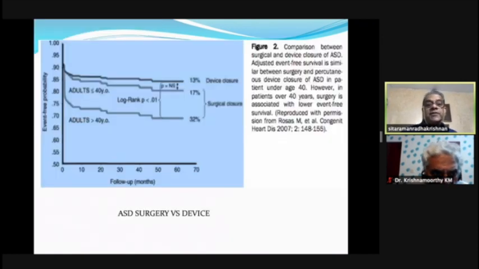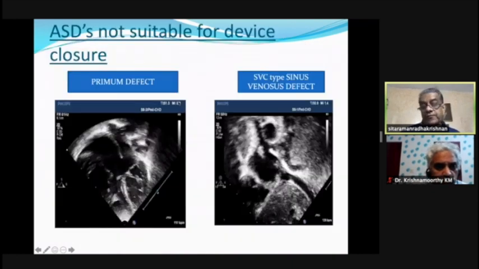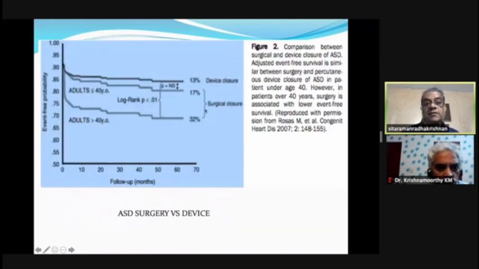They have now studies which compare ASD closure by surgery and device in adults. This is the proof of what we are doing, and they have clearly shown that the event-free survival probability is very similar to that of surgical closure.